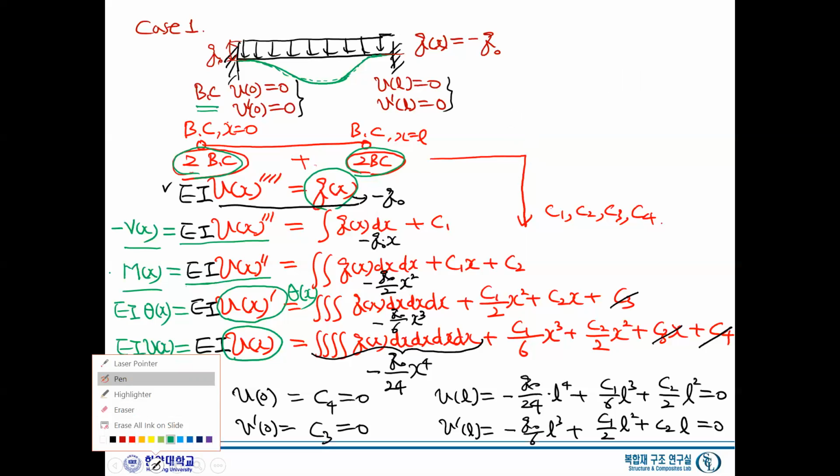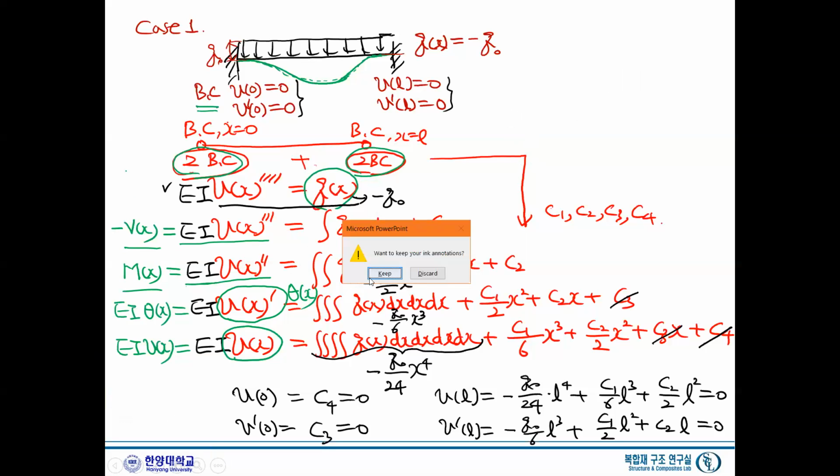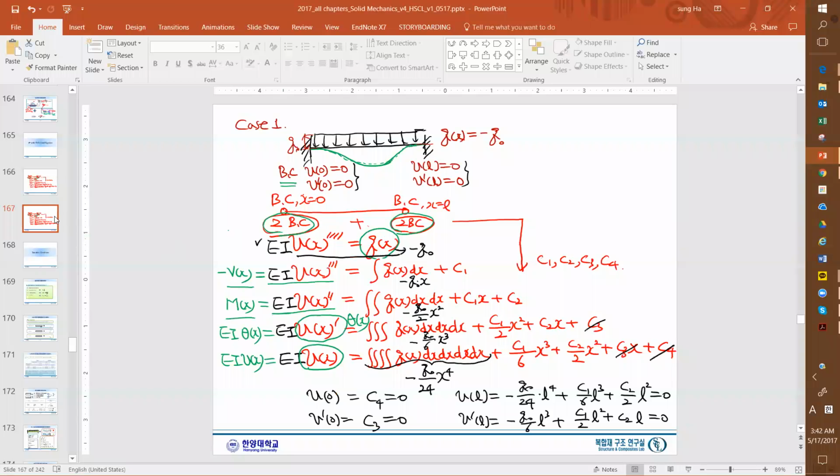Okay, let's try to copy this one, and then let's apply it to a different case.